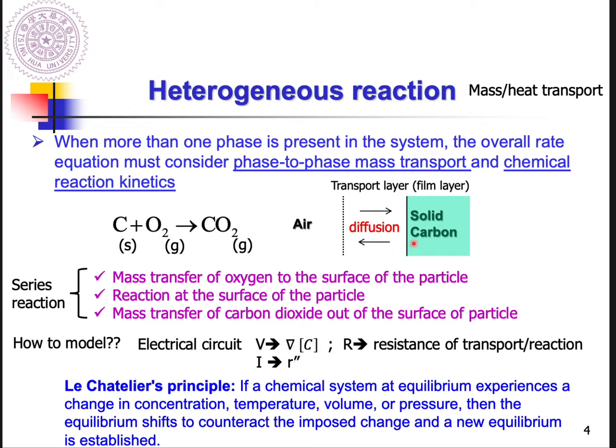The concentration gradient of the oxygen will drive the flux of the oxygen passing through each different layer or process, involving the transport in the film layer and also the reaction at the surface of the carbon. So each one you can also consider as a resistance. So we have a resistance of the transport and also a resistance of the reaction itself.